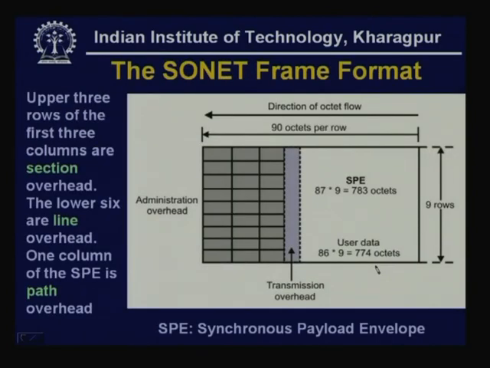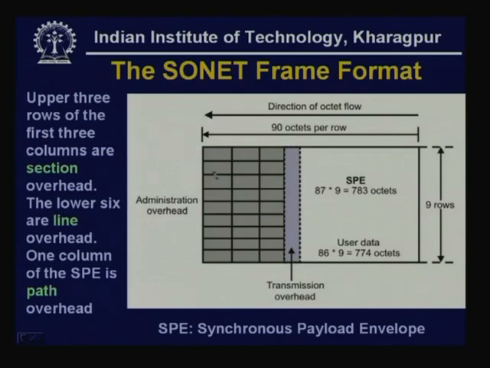Here, as you can see, a single frame is shown where you have 810 octets. Per row it has 90 octets, out of which the first 3 columns are used for overhead, section and line overhead.